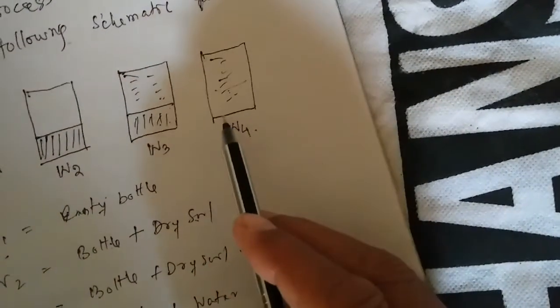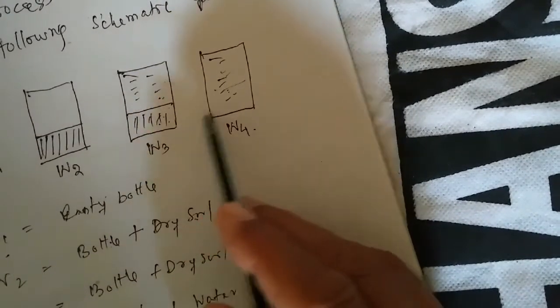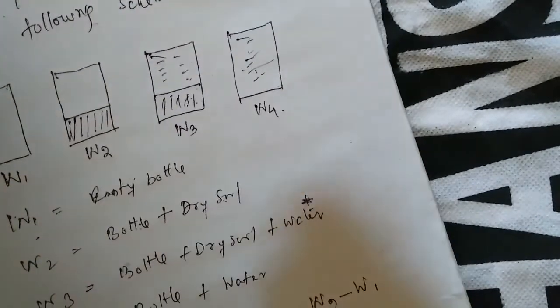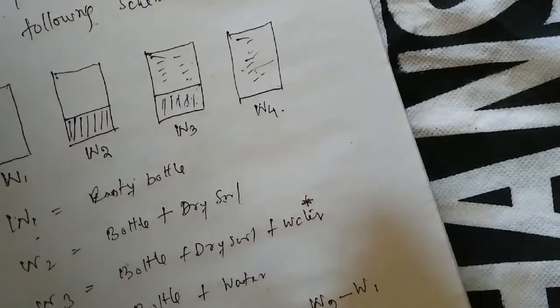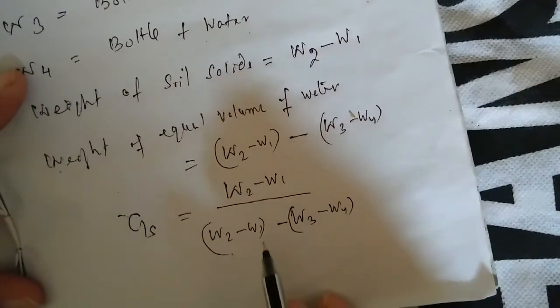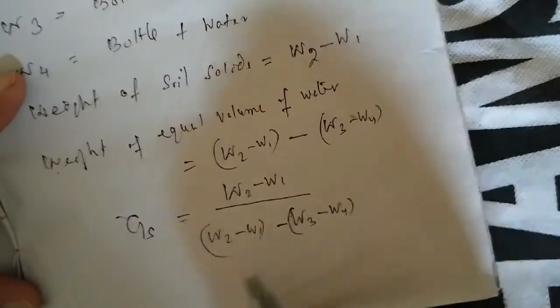Now W3 minus W4 gives you the difference of weight of water and weight of soil of the same volume. The difference if deducted from the only weight of this soil, then we'll get the weight of water of the same volume of soil. Specific gravity found out. This is the process.